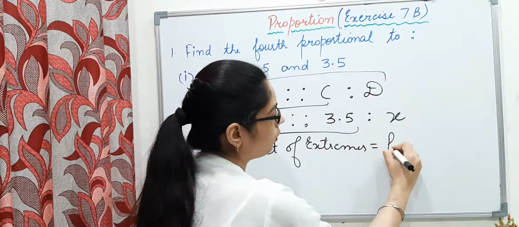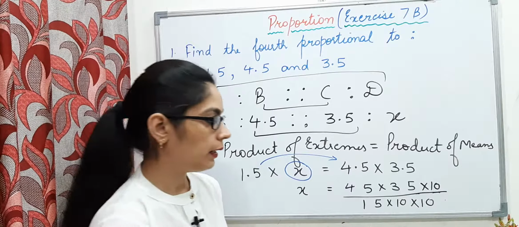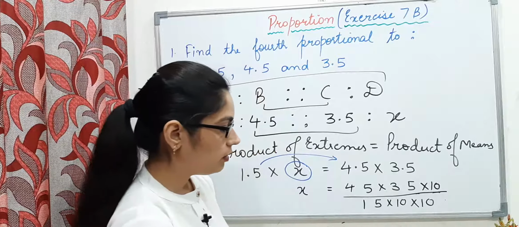Now this 1.5 is also there, 1.5 is in the denominator, so let us remove the decimal there also. After removing the decimal, this number I should write in the numerator, because only one digit is there after the decimal, so only 10 with 1. Now we can do the cancellation wherever it is possible. So 10 and 10 will get cancelled.